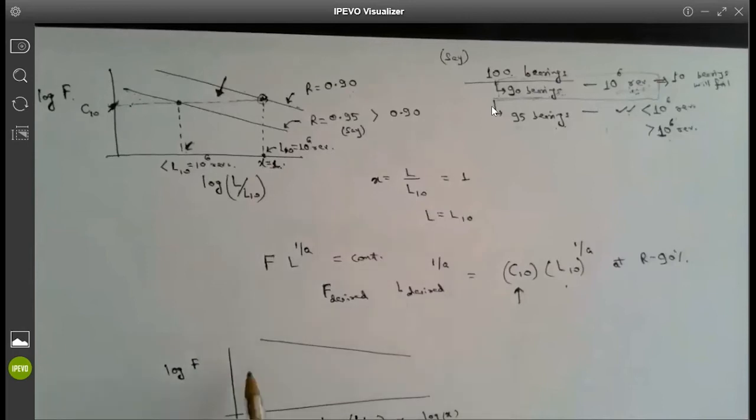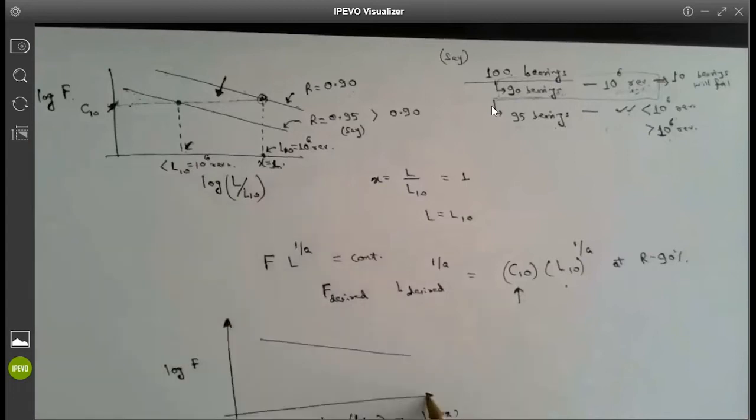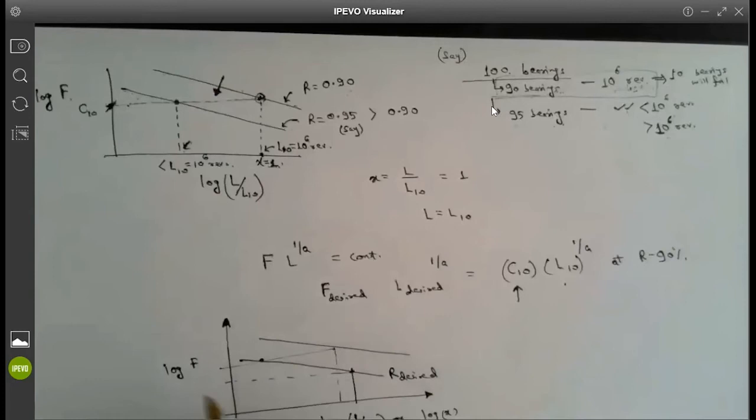Okay, good. So now what we are going to do is see that our requirement is given to us, our desired X, and our L desired or F desired.